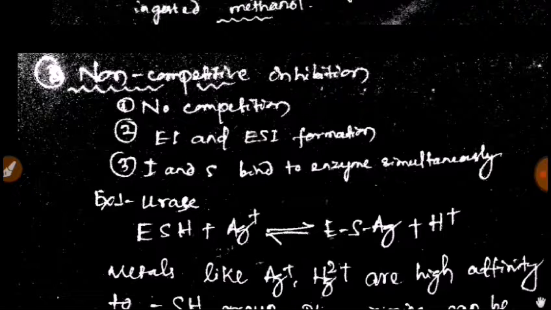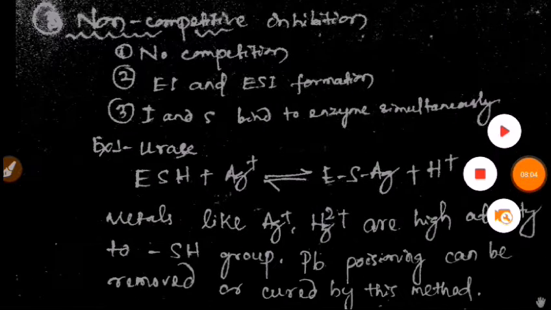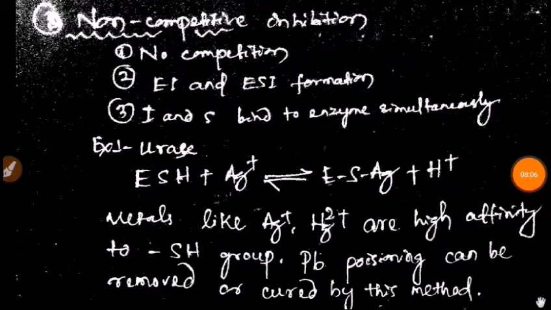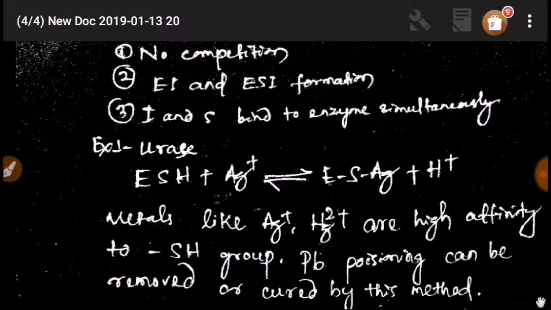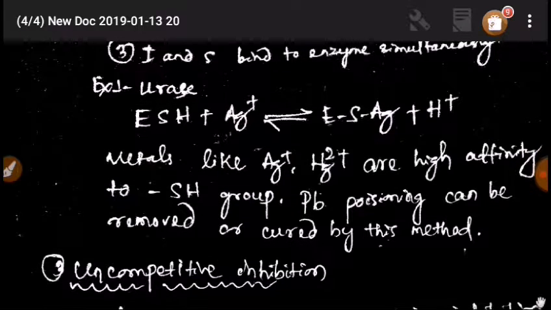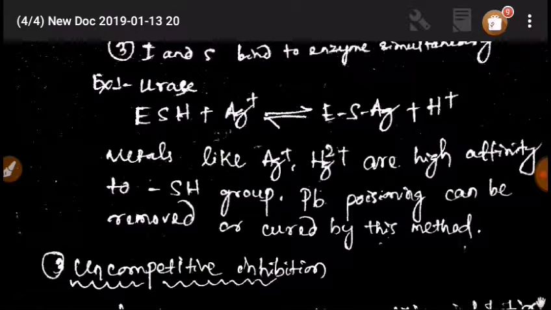So Pb poisoning can be removed or cured by this method, because these metals have high affinity to the SH group. The SH group will add to ES. You can also see it in the reaction. If a person has taken in some poison, then it can be cured by this process.